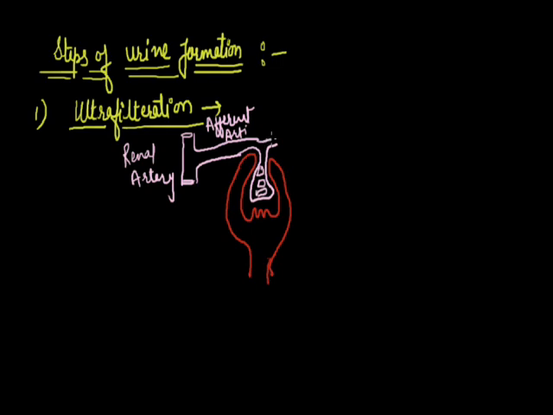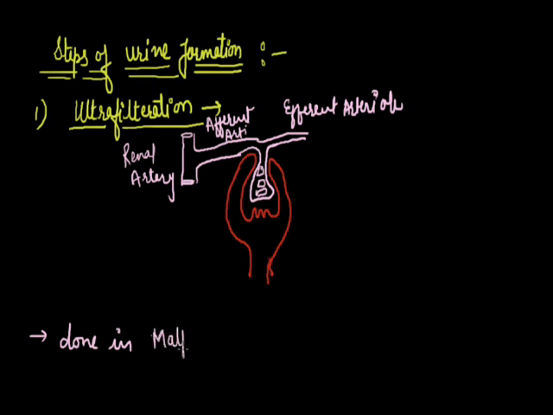And later on, a smaller diameter tubular tract arises, known as the efferent. So the first point regarding ultrafiltration is that it's done in the Bowman capsule, or you can write Malpighian body. This is also termed as renal corpuscle.